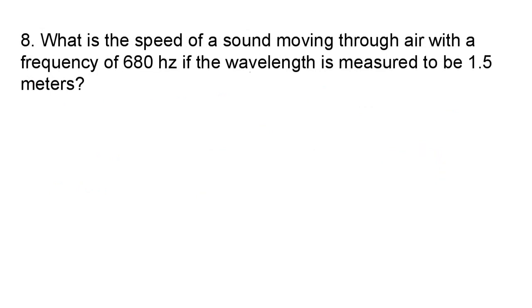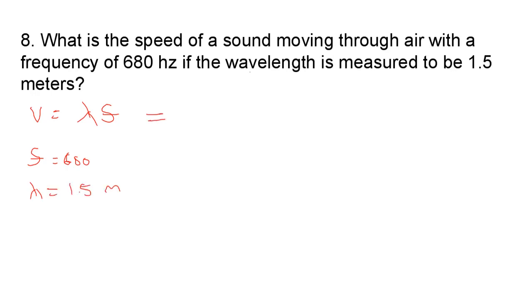Okay, what is the speed of a sound wave that has a frequency of 680 hertz and a wavelength measured to be 1.5 meters? Well, if we do something just like this, we want to know the wave speed. We know wave speed is equal to wavelength times frequency. The frequency is 680 and the wavelength is 1.5 meters.